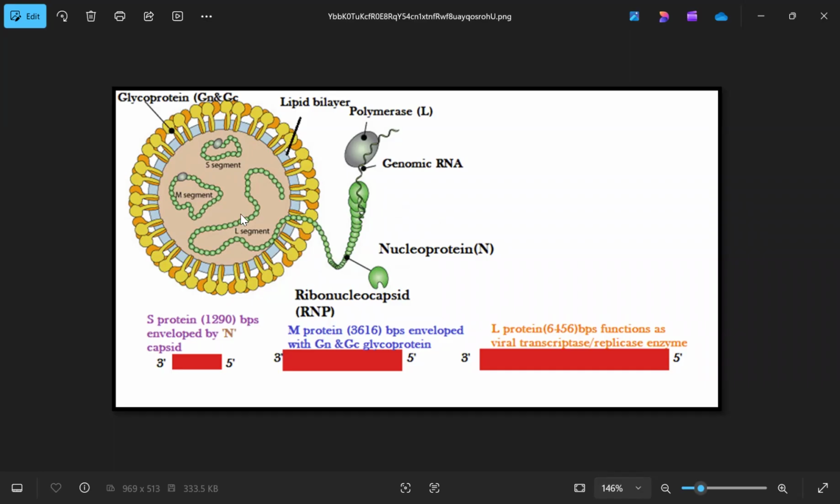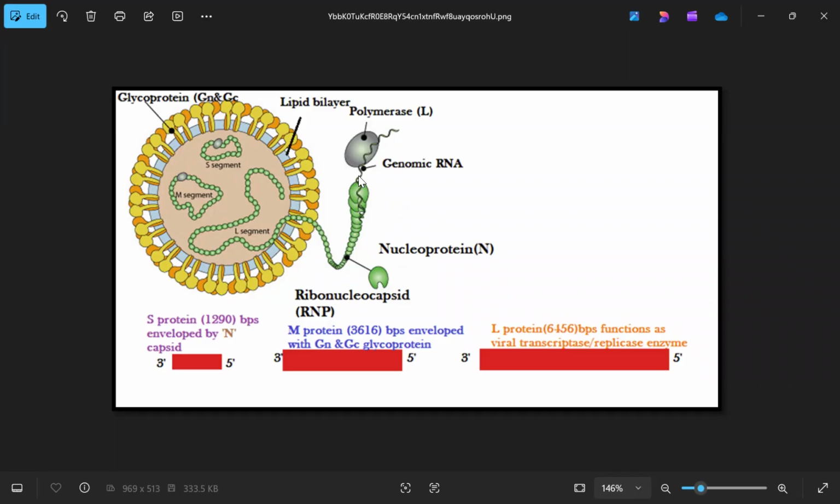Another feature that is important to mention is the ribonucleocapsid, the RNP. And what that basically is that you have a nucleoprotein that actually is protecting the RNA.